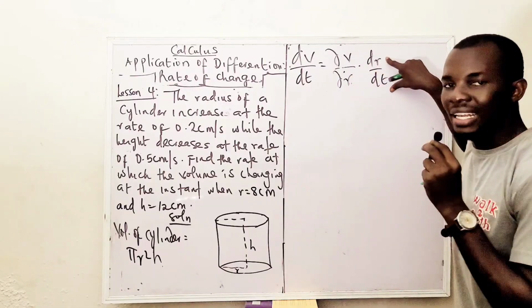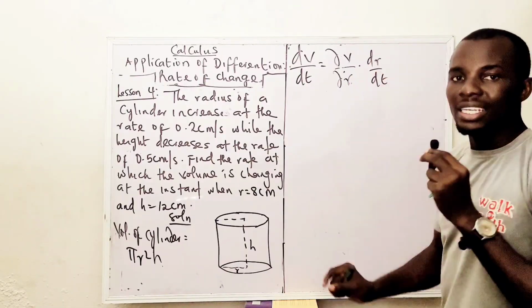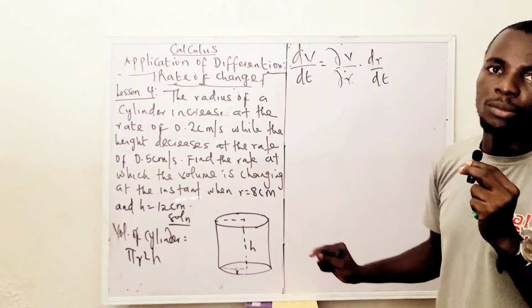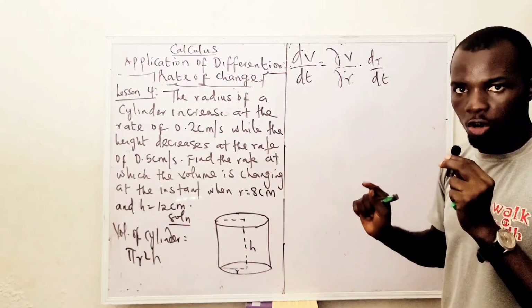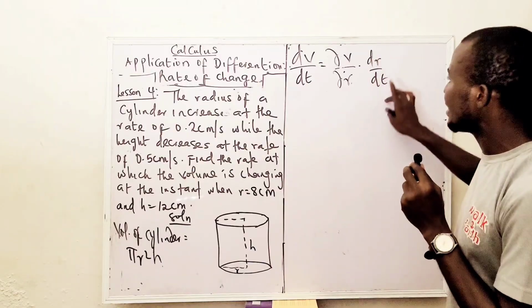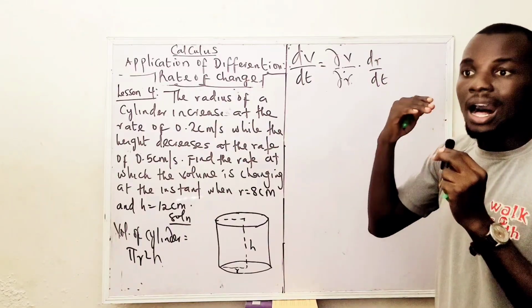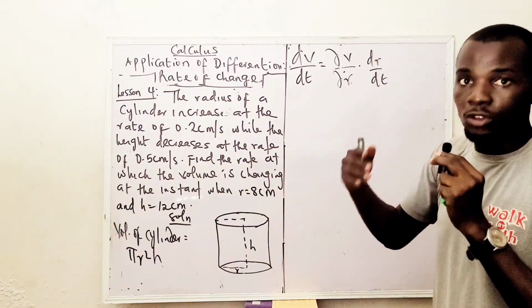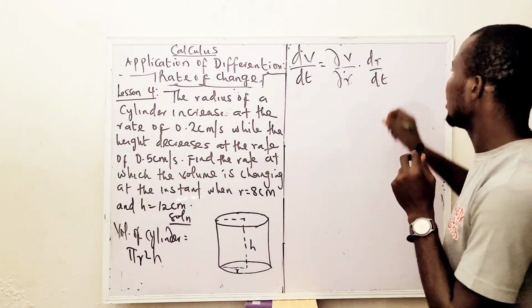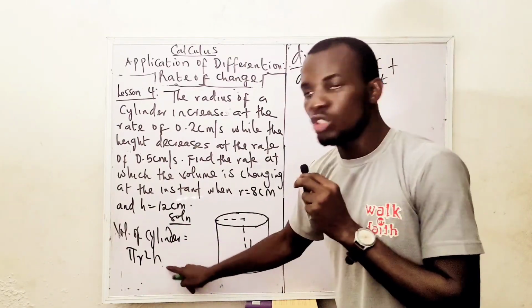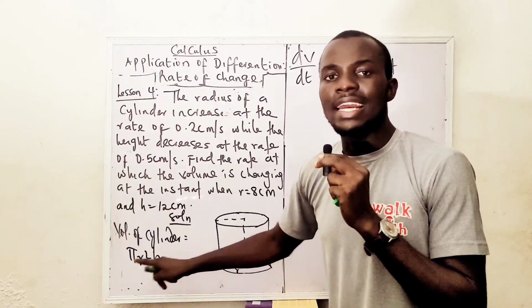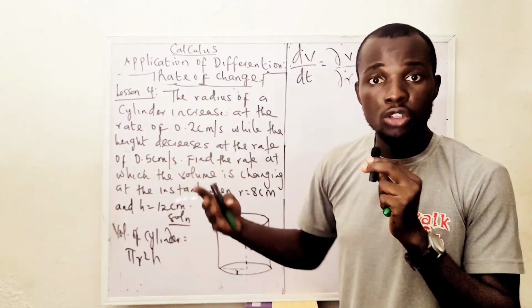But this is going to stay like that because this r is an independent variable, so it's changing with respect to time. It is going to stay as the usual derivative coefficient dr dt. Now, plus, remember, if we are saying these are two independent variables, then we are also going to use the product rule.